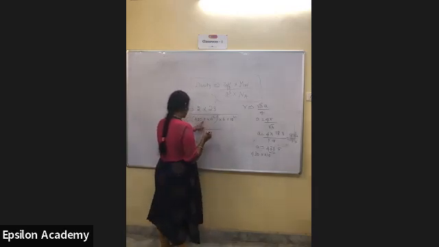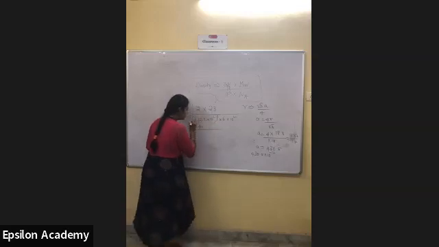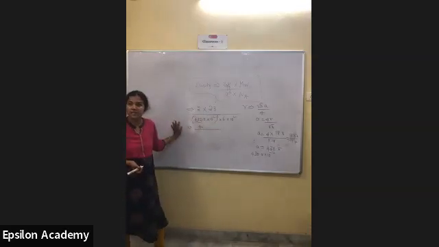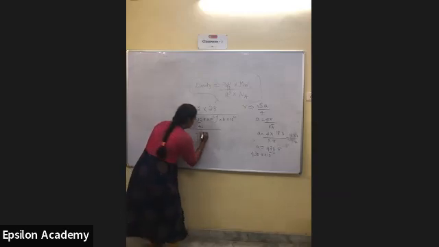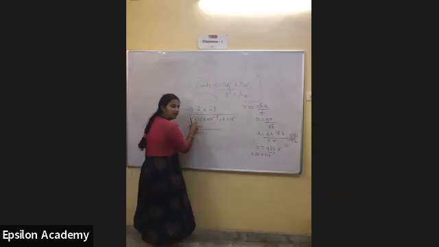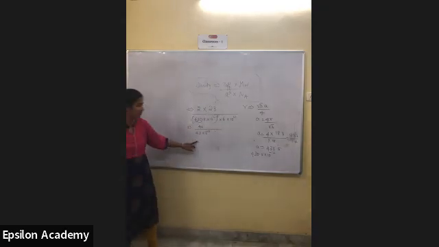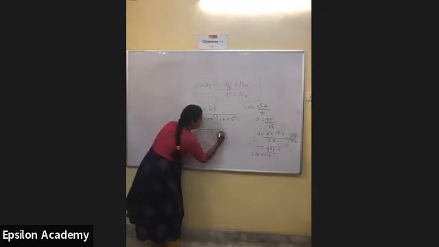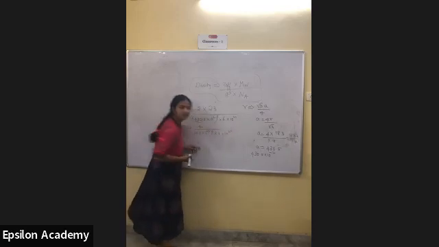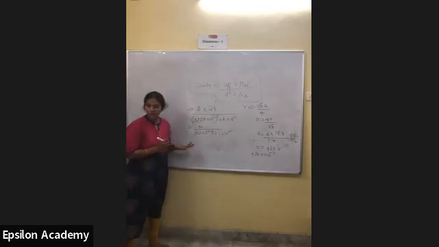To make this a round value, just move this decimal here. So 4.3 into 10 to the power plus 2 or minus 2? Plus 2, right to left. So 4.3 into 10 to the power plus 2 into 10 to the power minus 10, the whole cube into 6 into 10 to the power 23. Till now you got this point.